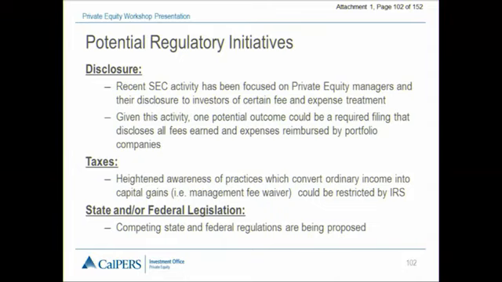Over the longer term, it may be necessary and beneficial for regulatory initiatives, especially if these voluntary efforts prove to be ineffective or not adopted either by the general partner community or the LP community.